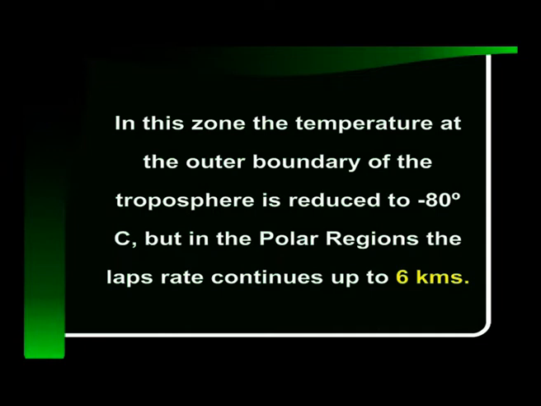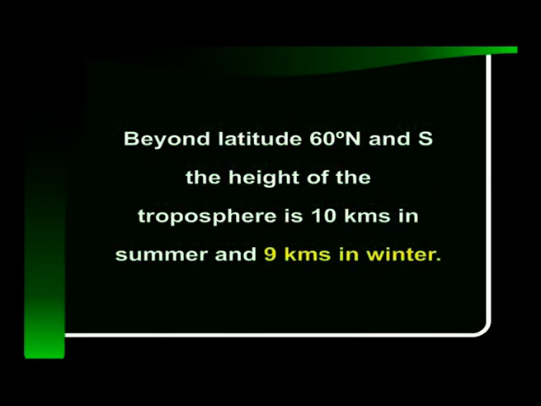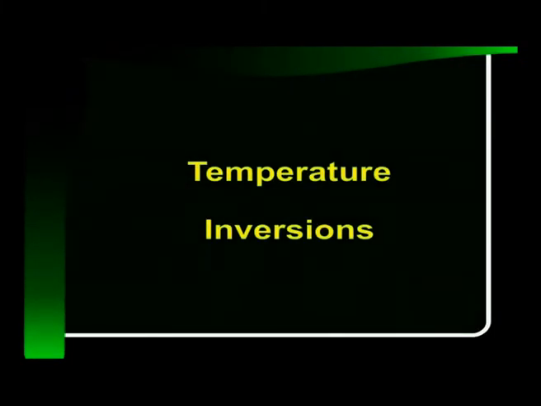But in polar regions, the lapse rate continues up to 6 kilometers. Beyond latitude 60 degrees north and south, the height of the troposphere is 10 kilometers in summer and 9 kilometers in winter. The height of the troposphere in the highest latitudes is relatively less.